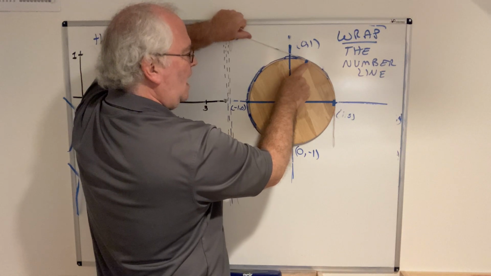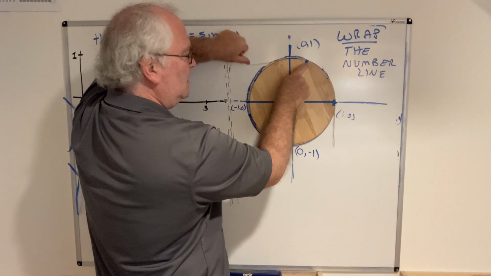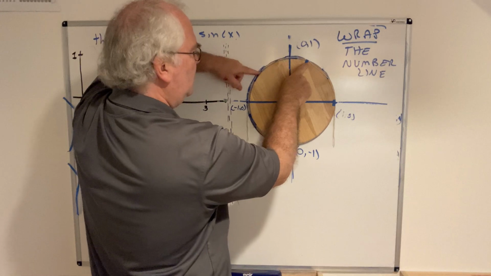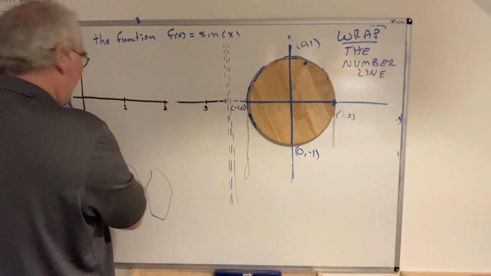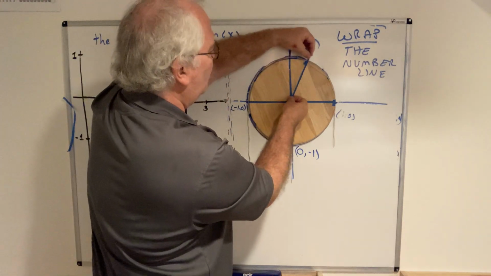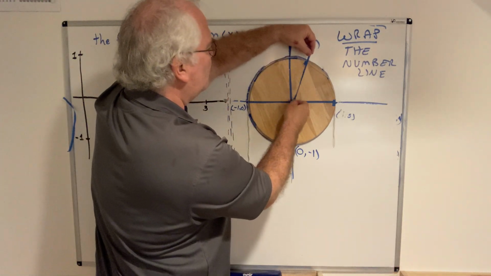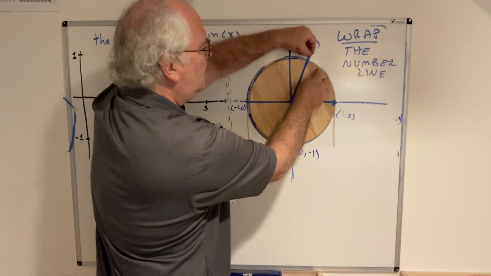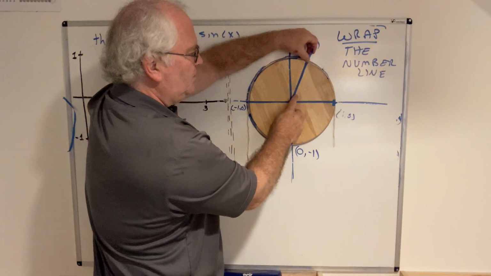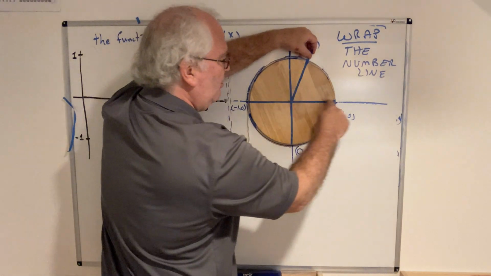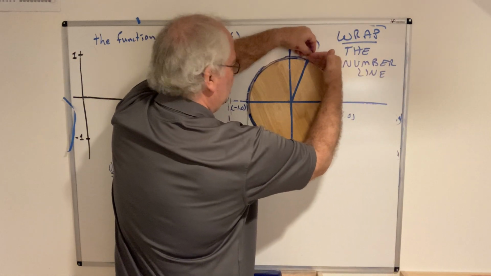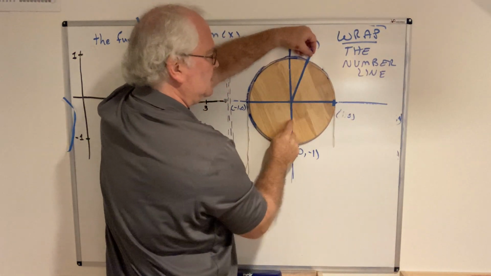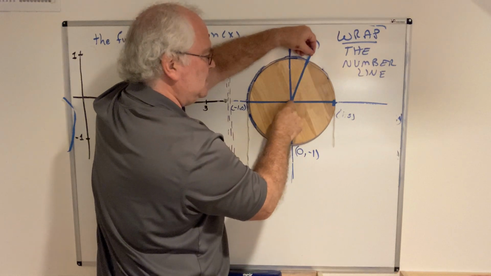So every point on the x-axis will correspond to a point on the unit circle. And then I can take that point on the unit circle, that will correspond to an angle in standard position. So that point, which came from a point on the x-axis, wrapped around the unit circle, corresponds to a point on the circumference, and that determines this angle.